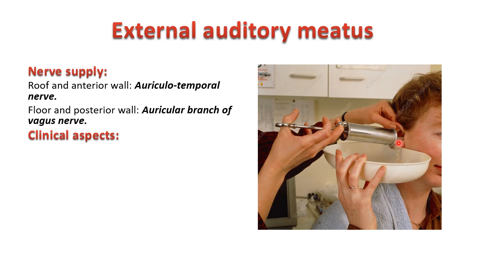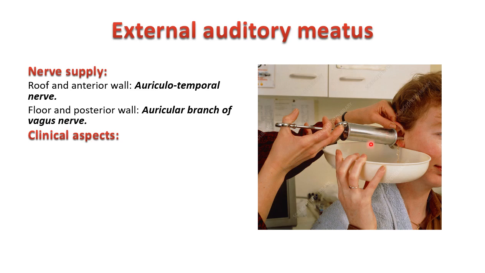So this is removed by syringing, because if the earwax has hardened, then you have to inject warm water with force, and only then will the impacted earwax come out.